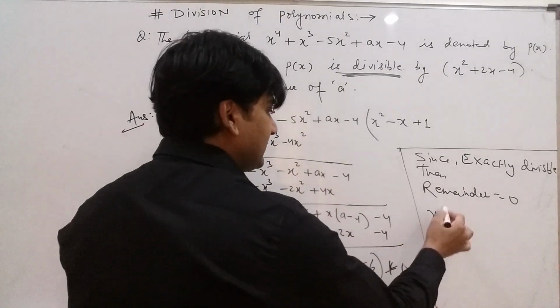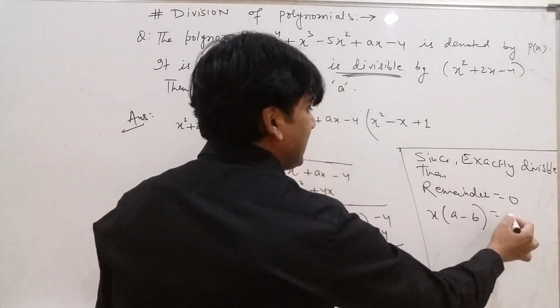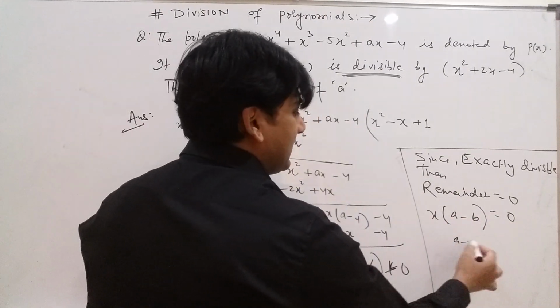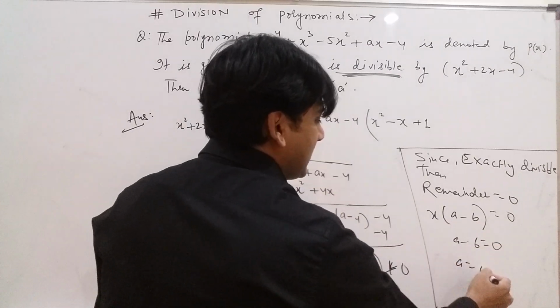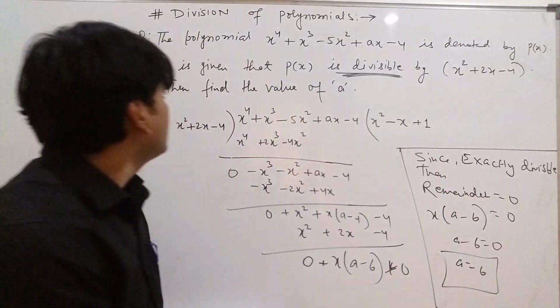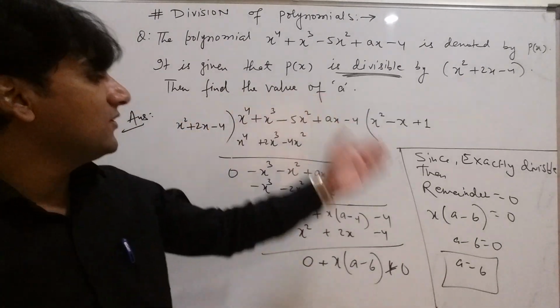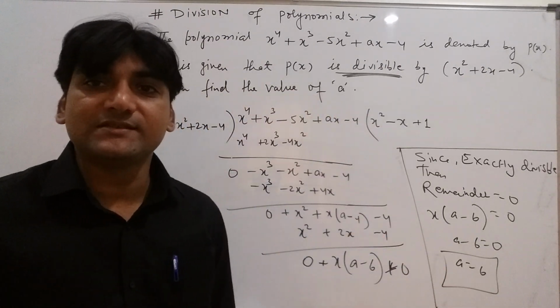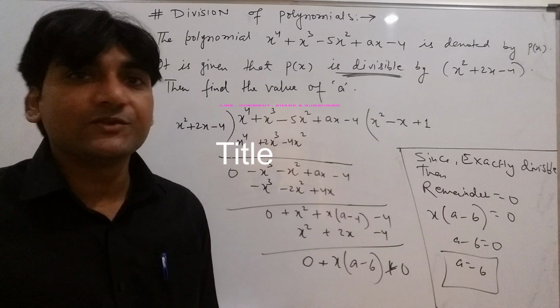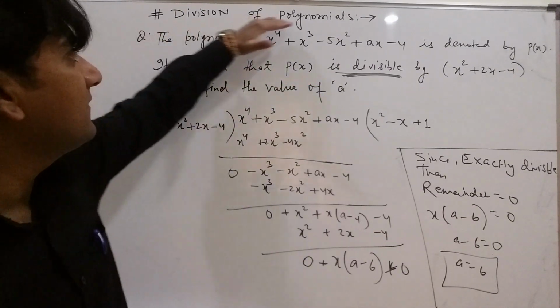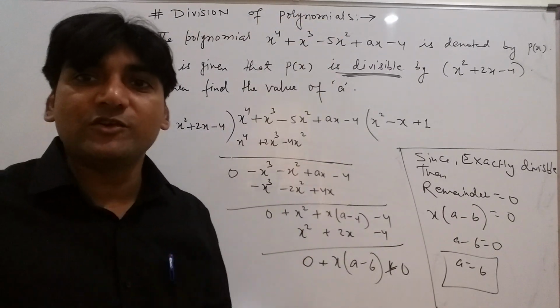What is the remainder? x times a minus 6 equals 0. Then here a minus 6 would be 0, then a equals 6. So what is the question? Find the value of a. a is 6.